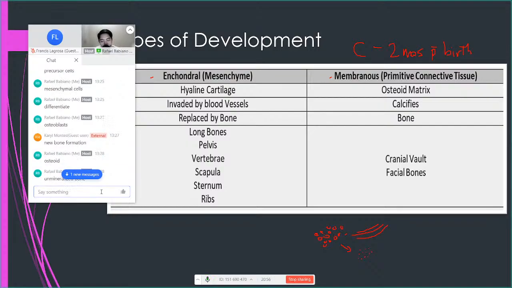Meaning, it's not yet really bone. It can be considered part of the bone, but it's not yet fully functioning. It's not 100% capable as bone. That is osteoid, unmineralized.